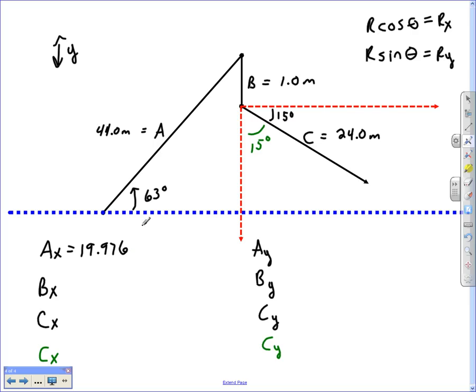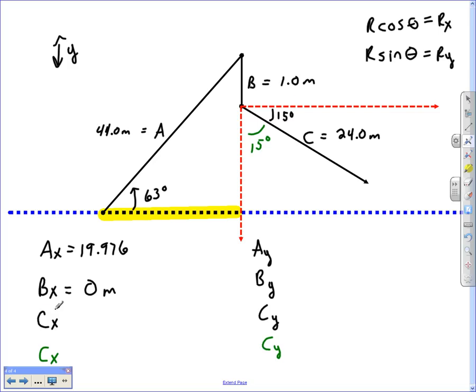AX refers to the A vector in the X direction, so it would be that distance right there. For BX, you should have gotten 0 meters, because vector B does not move in the X direction, left to right, at all. So there is no motion in the X direction.